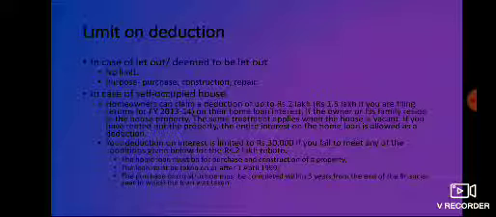The purchase or construction must be completed within 5 years from the end of the financial year in which the loan was taken. These are the three conditions which must be fulfilled in order to get the deduction up to rupees 2 lakh. If these three conditions are not fulfilled, the limit on the deduction will be further reduced to rupees 30,000.